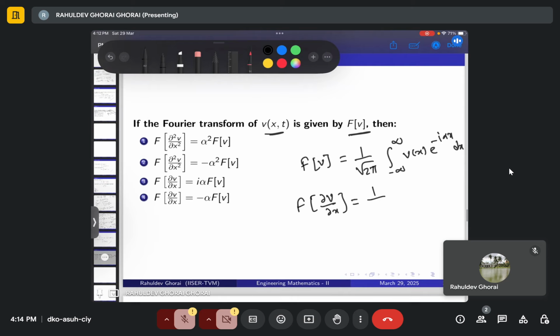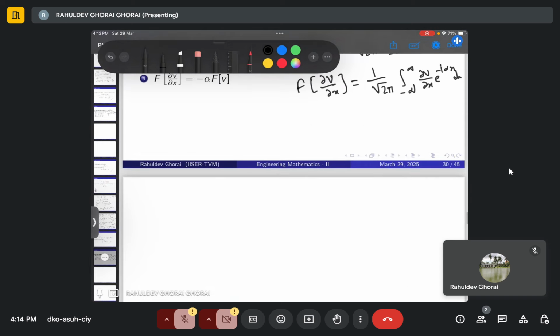That will be 1 over square root of 2 pi, integral from minus infinity to infinity. It will just be del v del x times e to the power minus I alpha x dx, right? So now you just try to find out what is the integral from minus infinity to infinity of del v del x e to the power minus I alpha x dx.